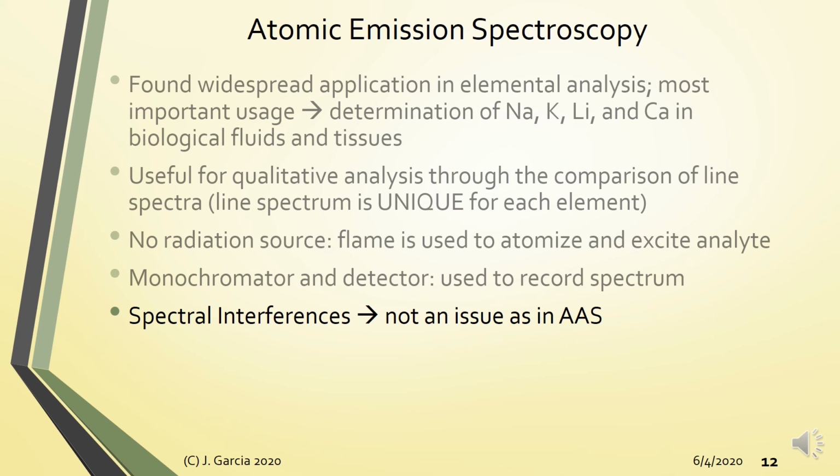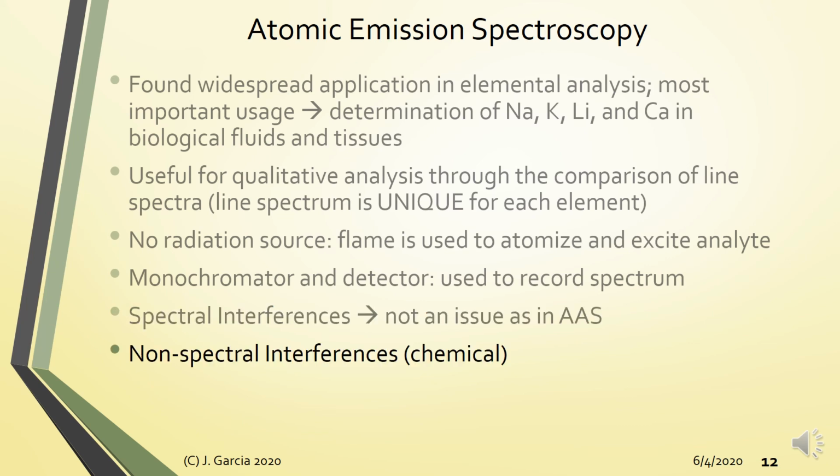Spectral interferences are not an issue compared to AAS, because you don't care about the background absorption. You're not measuring absorption here. You're measuring emission, and you can pinpoint the emission because you know the wavelength of emission for the particular analyte that you are analyzing.